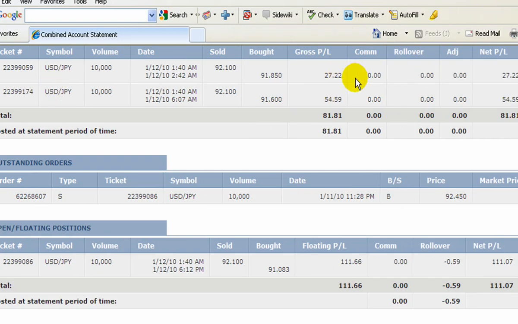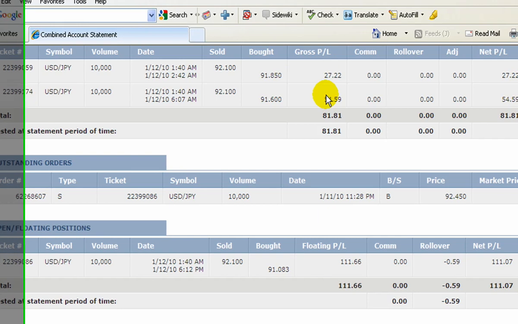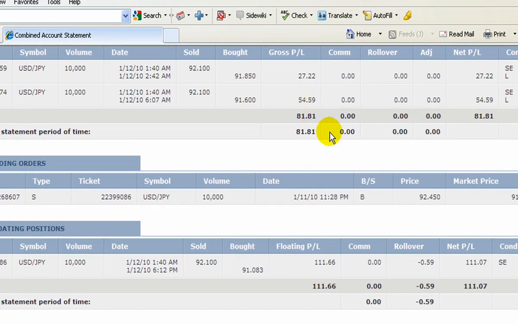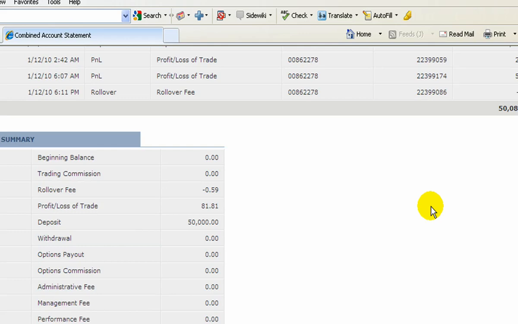The first trades closed for a profit of 27 pips and 54 pips. This report shows it in dollars, but these are pips, and they approximate to 25 and 50 pips. The open position is netting me approximately 90-odd pips.